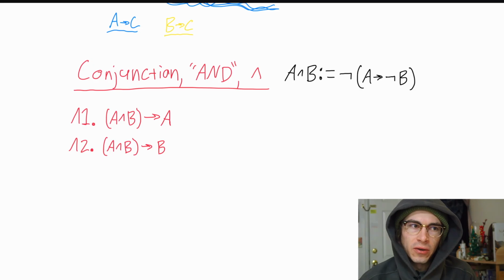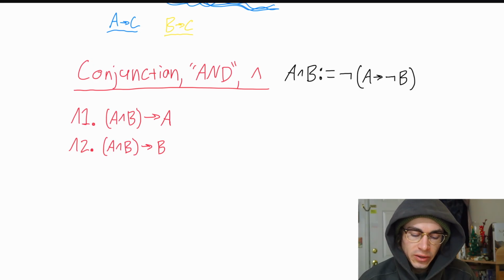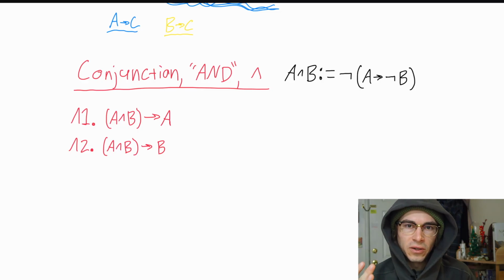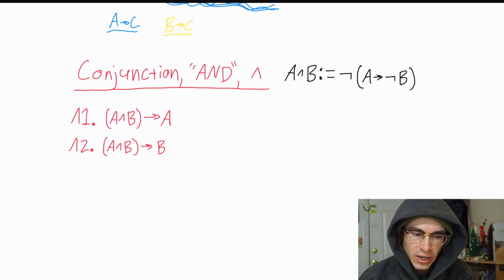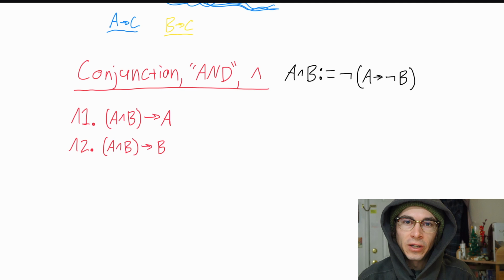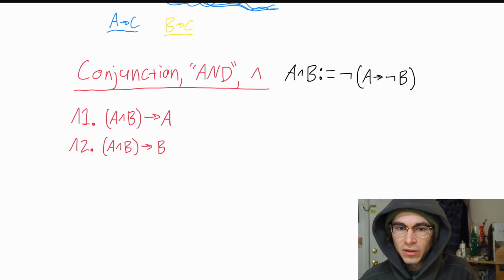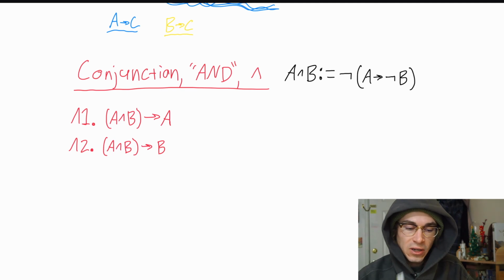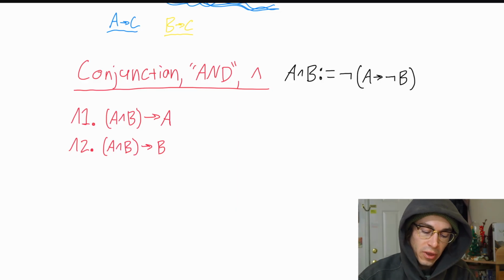Now this might sound really simple, but it's really important to drill into your brain because these are our starting assumptions. These are the only things that we assume at the beginning, and then you can spend years studying propositional logic, and all of that stuff that you learn is a logical consequence of nothing more than this.